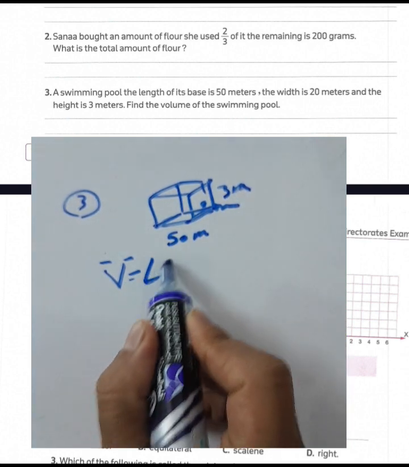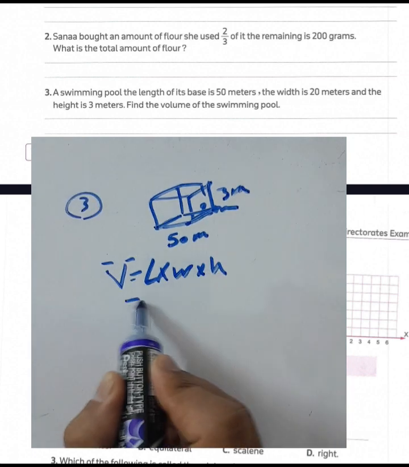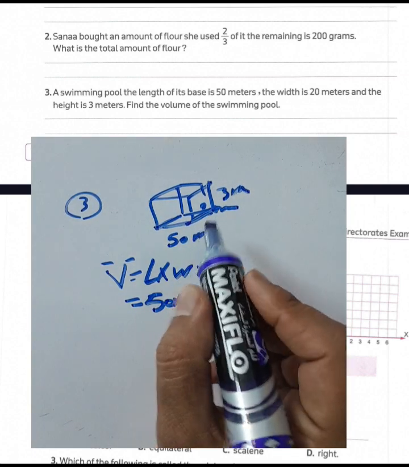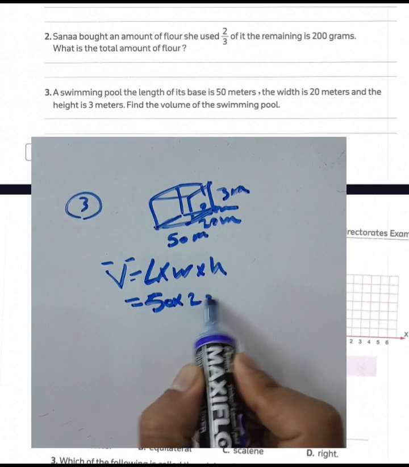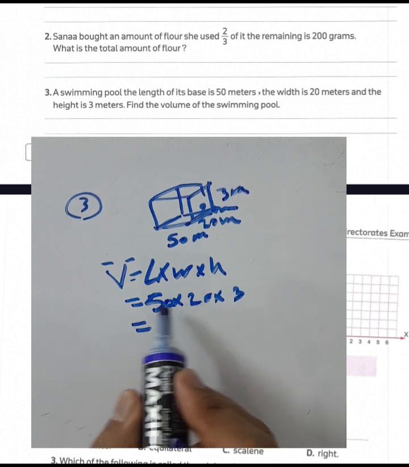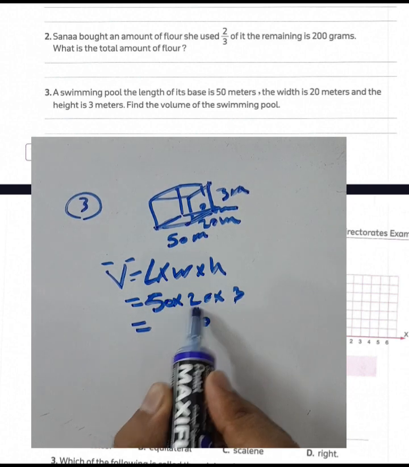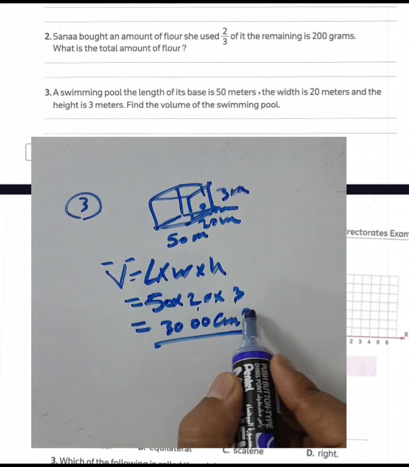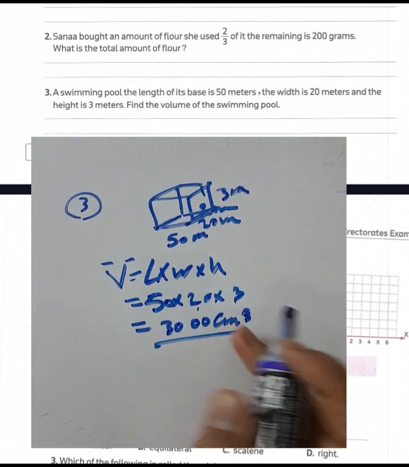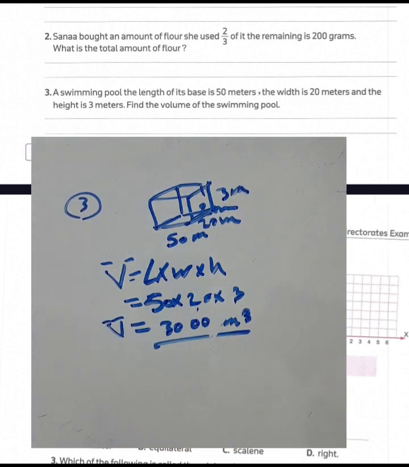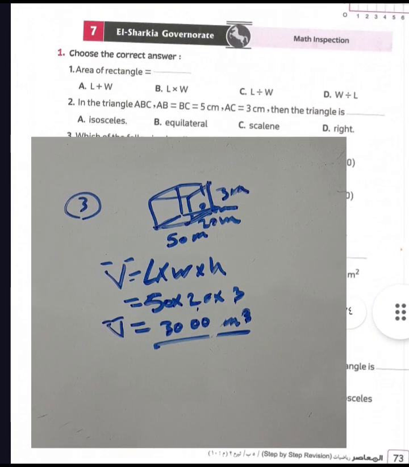Volume equals length times width times the height. 50 times width 20, product by height 3. Right, 3 times 20 times 50, double 0 and 2 times 3 is 6, 6 plus 5 equals 30. Then the result will be 3000 cubic meter. It's the volume of the swimming pool. Okay, we can write length times width times height.